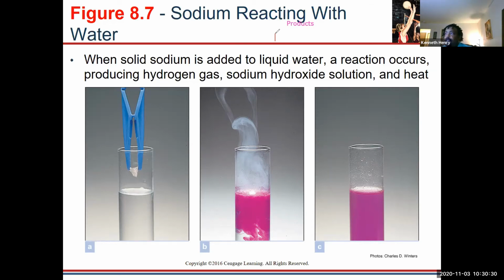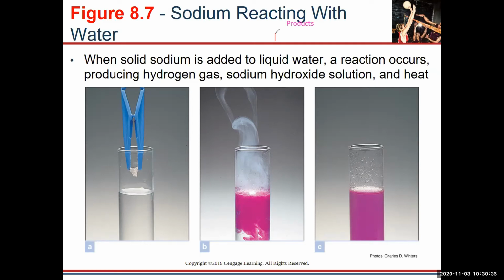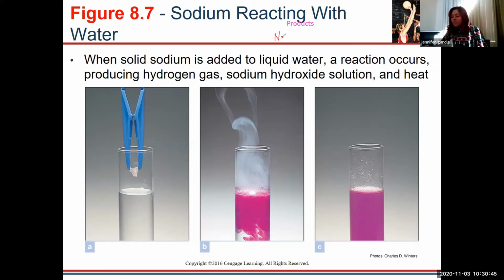Come on, you just finished nomenclature. You just had an exam on it. You know this like the back of your hand. NaOH. Okay.